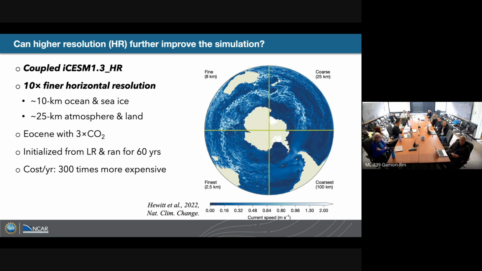And one of the most important motivations for us to perform this high resolution simulation is that with this horizontal resolution, we start to resolve ocean eddies instead of parameterizing them. So starting from the lower right corner of the plot, that's the coarse resolution we typically use.